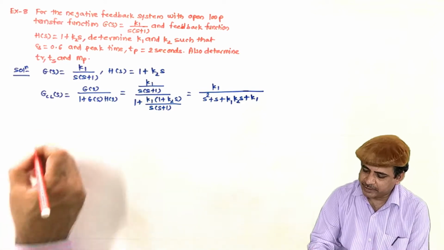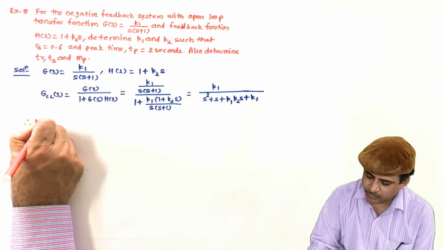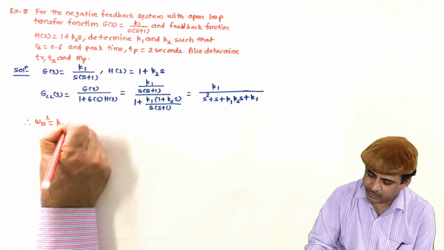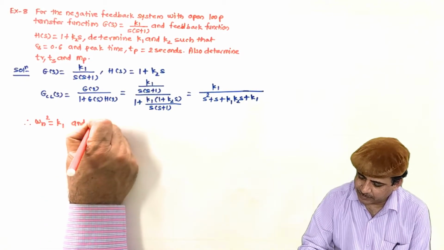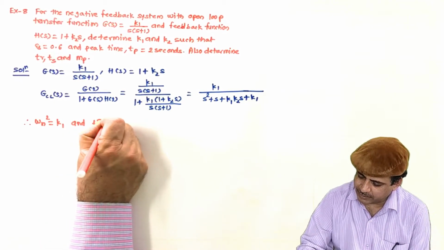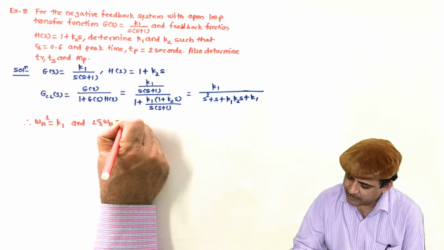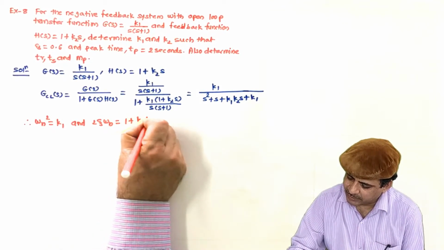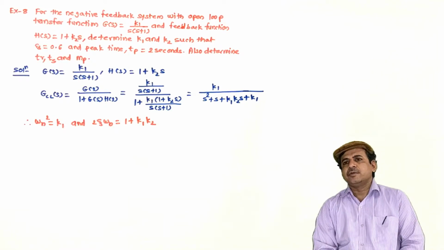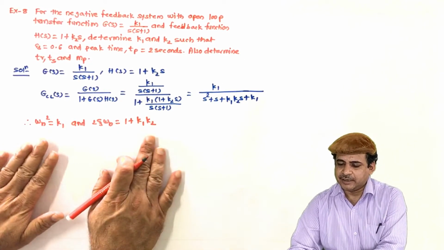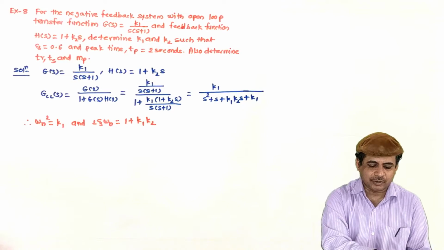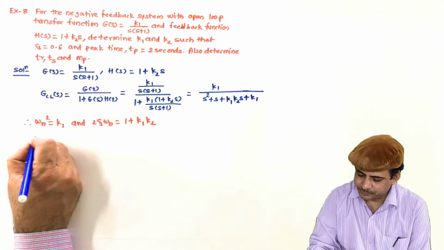That means omega n square is equal to K1, and 2 zeta omega n, if s is taken common, is 1 plus K1 K2. Very simple. This is done, and now we have already been given Tp.